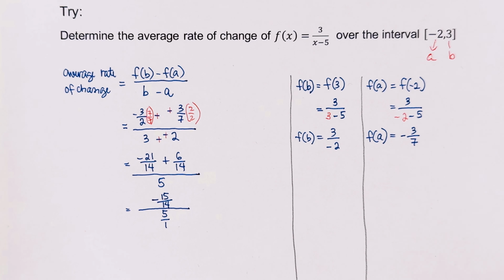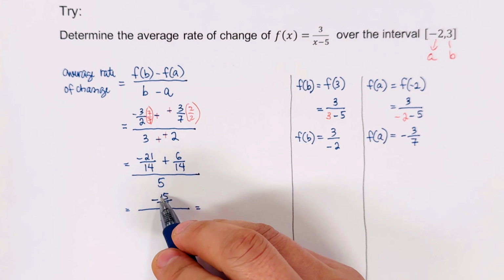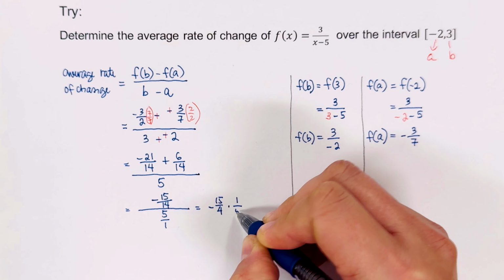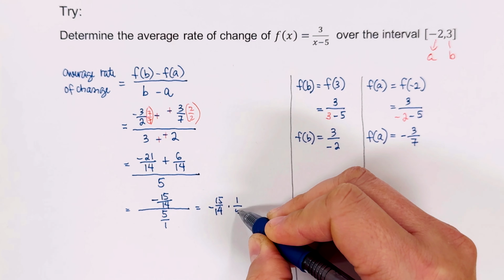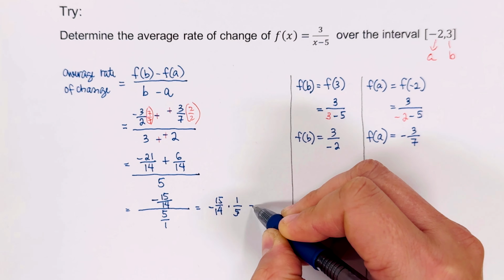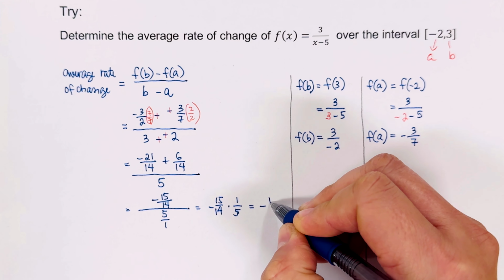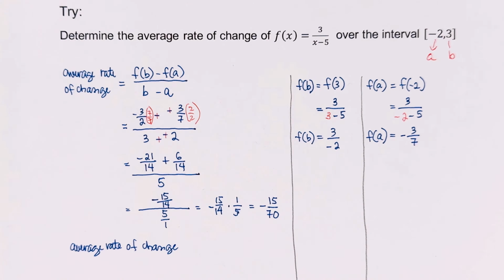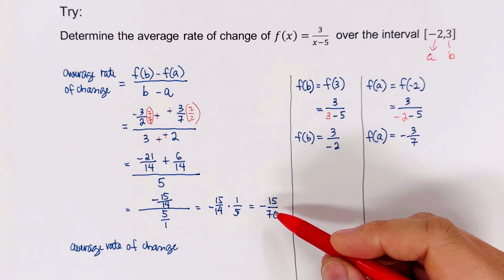Since this is a complex fraction, what we do is we copy the numerator, which is negative 15/4, times the flipped denominator, that's 15/14 over 1/5. And then we multiply them across. So that is negative 15/70. Reducing this to lowest terms, we can divide this by 5.